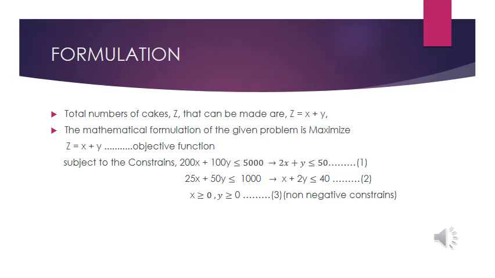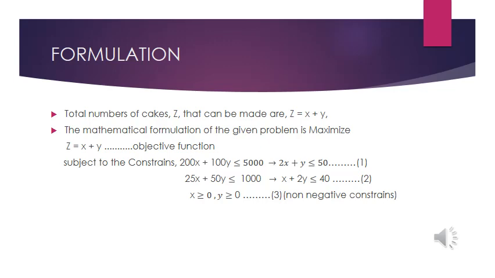The constraints. The first constraint is the constraint from flour: 200x plus 100y is less than or equal to 5000, which we can reduce to 2x plus y less than or equal to 50.